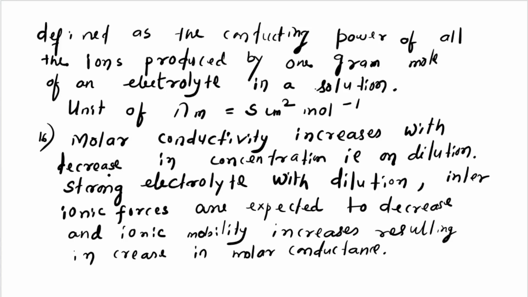So for 1 gram mole of the electrolyte in solution, consider the number of ions produced and the conducting power of all the ions. Molar conductivity increases with the decrease of concentration, that is, on dilution. Molar conductivity increases when the solution is very dilute. For a strong electrolyte with dilution, inter-ionic forces are expected to decrease.